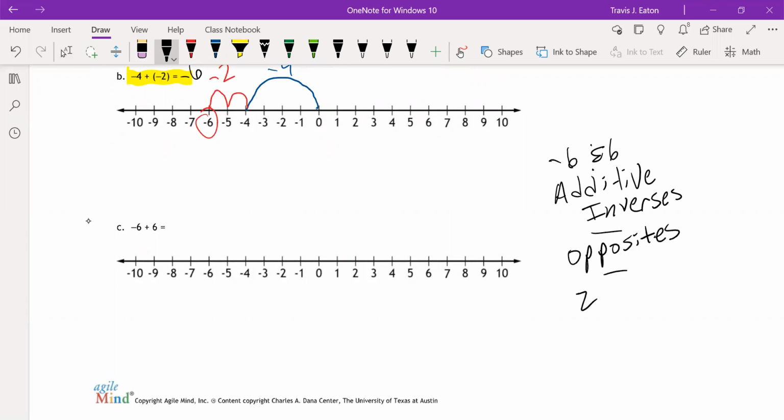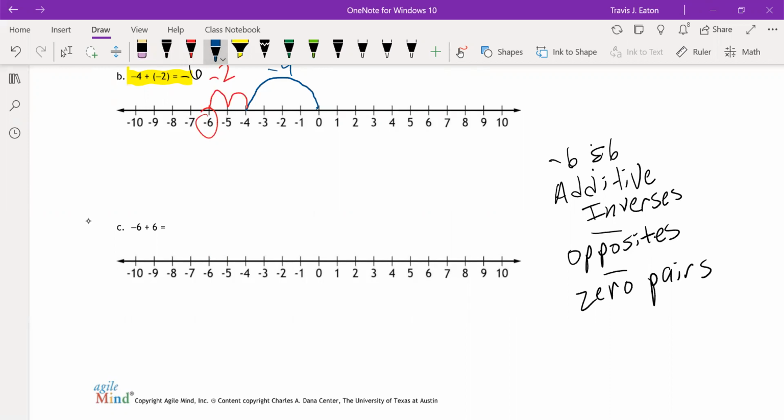We could also call them zero pairs because, well, when we add them together, we get 0. So when you have a number that is the exact same distance from 0 on the number line, but in opposite directions, they are called additive inverses, opposites, and zero pairs. All 3 different terms, and you need to know all of them.